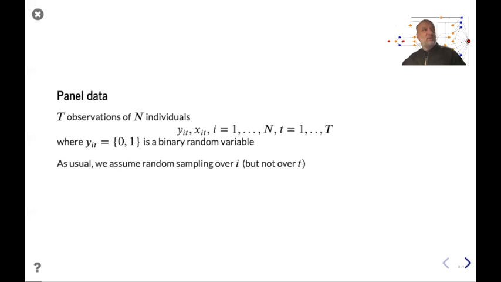That's something that's individual specific. If you don't control for that, it's going to be in the error term. So assuming independence across time for our data is not really a fruitful assumption to move forward with.